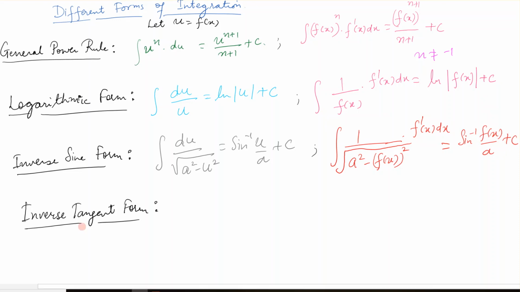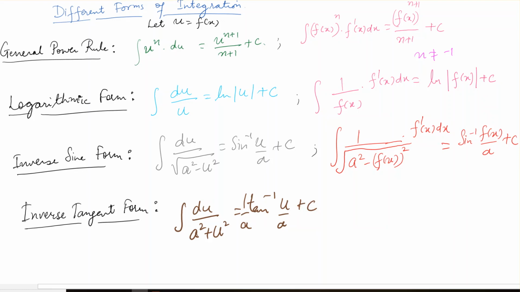And the last one is the inverse tangent form. In this one, if you have du over a squared plus u squared, that is our inverse tangent form. So tangent inverse of u over a, and also 1 over a, plus c.